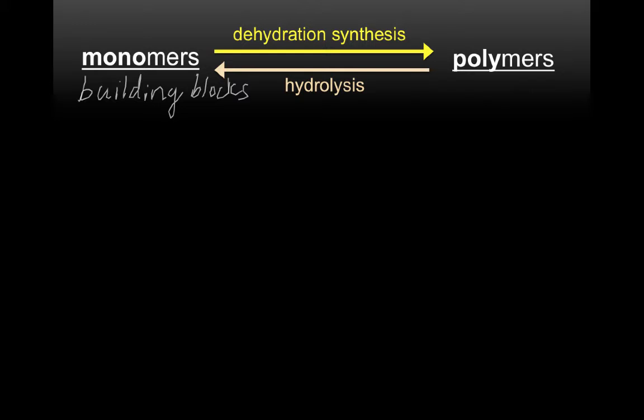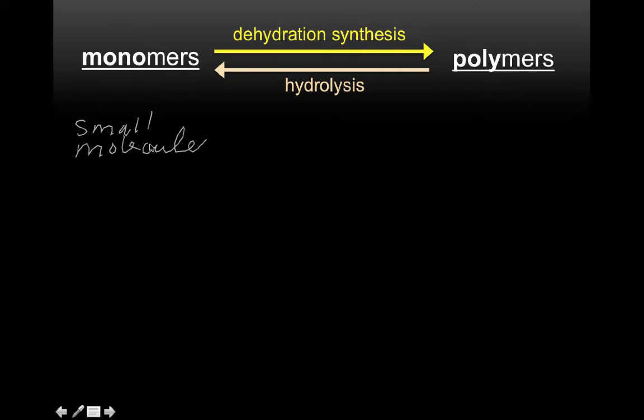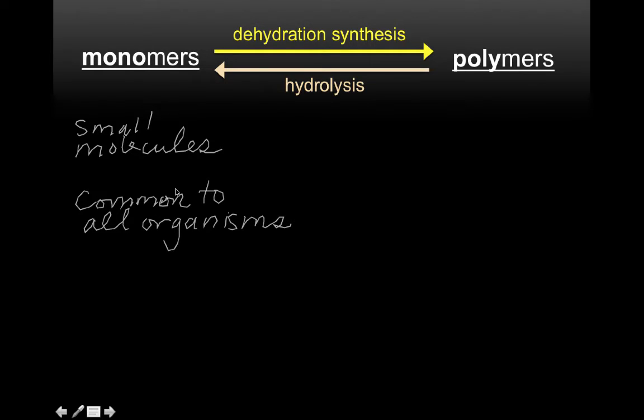As we learn about the different monomers and polymers, keep in mind that monomers are always the small molecules, and they are common to all organisms.